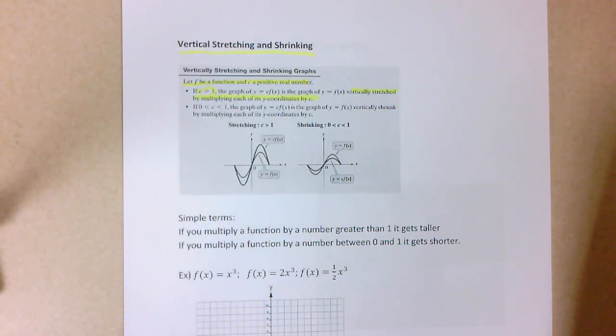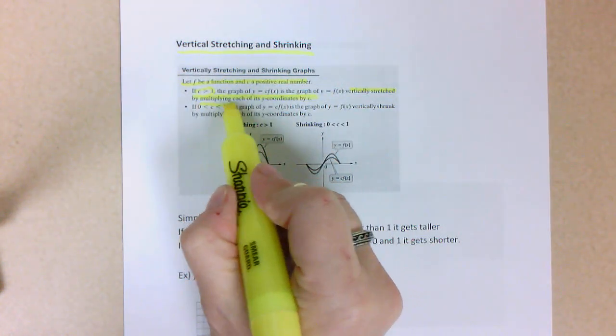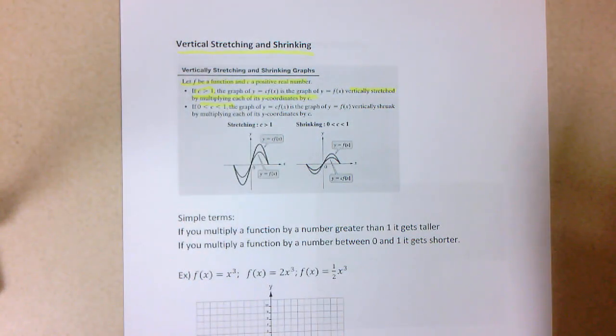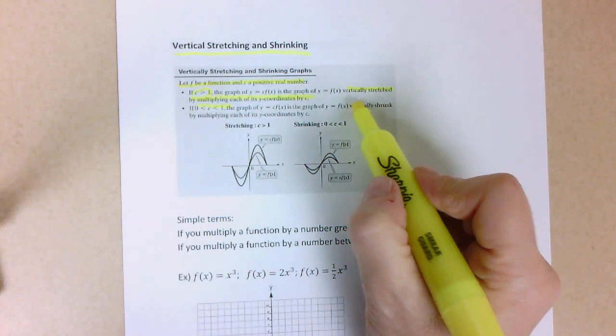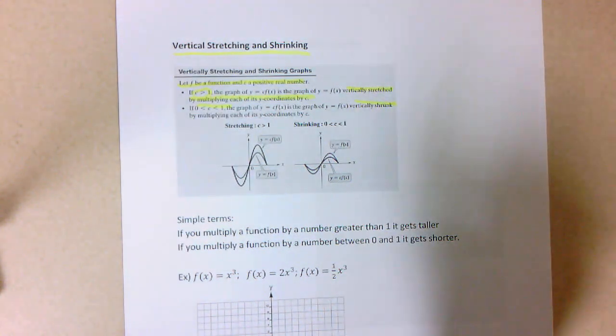If 0 is less than c is less than 1, the graph of y equals c times f of x is the graph of y equals f of x vertically shrunk by multiplying each of the y coordinates by c.